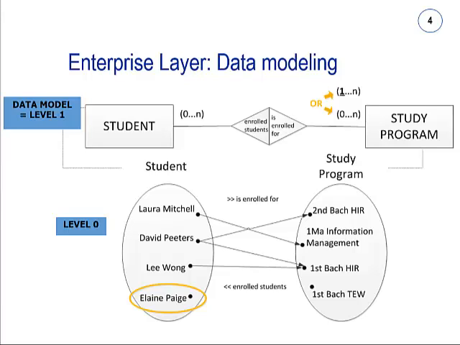Now this relationship can also be quantified. That is represented by the numbers you see right there. A student is enrolled for minimum 0, maximum n study programs, or maybe even minimum 1, maximum n study programs. So the minimum number of study programs that a student is enrolled for can either be 0 or 1. That depends upon your business process.